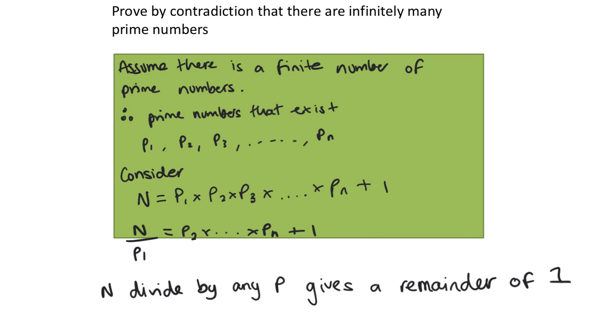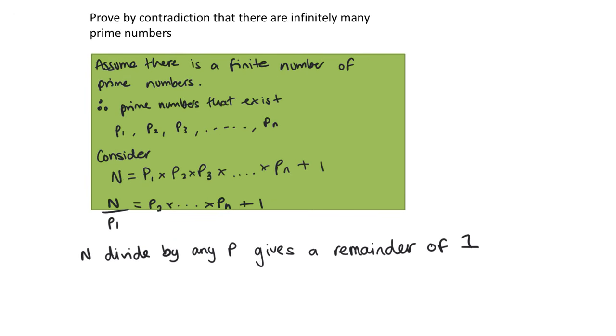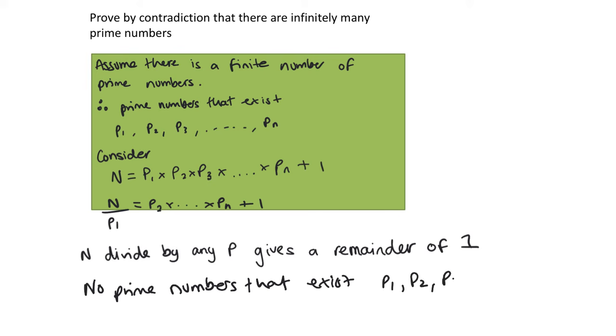Okay? So that means that no prime numbers that exist in our list earlier, P1, P2, P3, up to Pn, are factors of n.